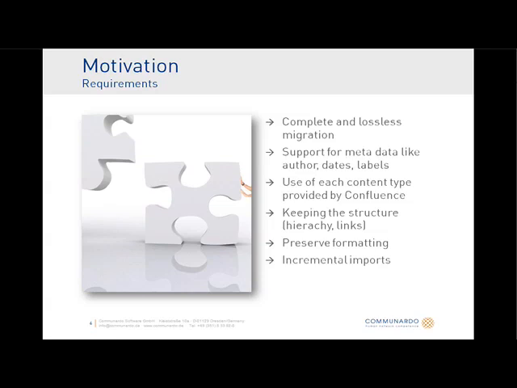For that, we also needed to support things like metadata, the order of the content, dates, and labels which were provided with the content, and we had to be able to support each of the content types within Confluence. With content types, I mean pages, blog posts, attachments, and so on, so that we could map the old content types of the legacy systems to those types.